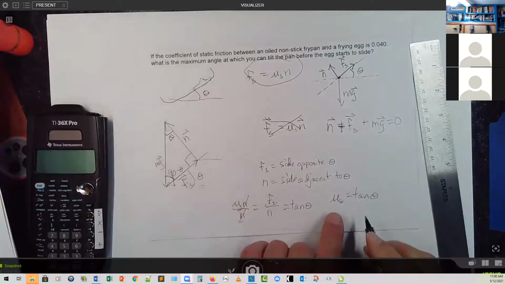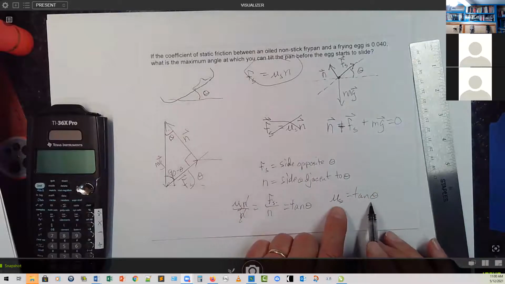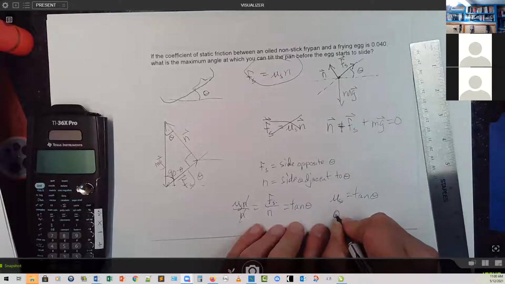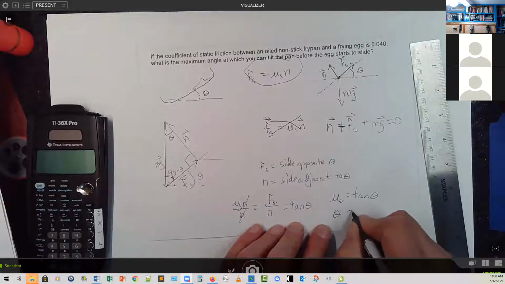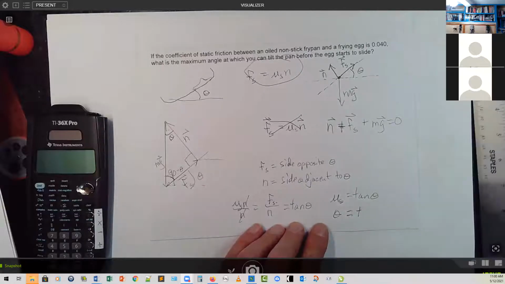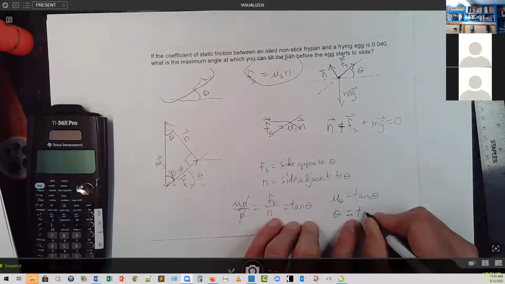Now, anytime you have this being the case, that means that theta is the inverse tangent of mu sub s. That's something that I haven't really taught you yet, but if you've had trigonometry, the sine, cosine, tangent stuff in a class, you've used that.